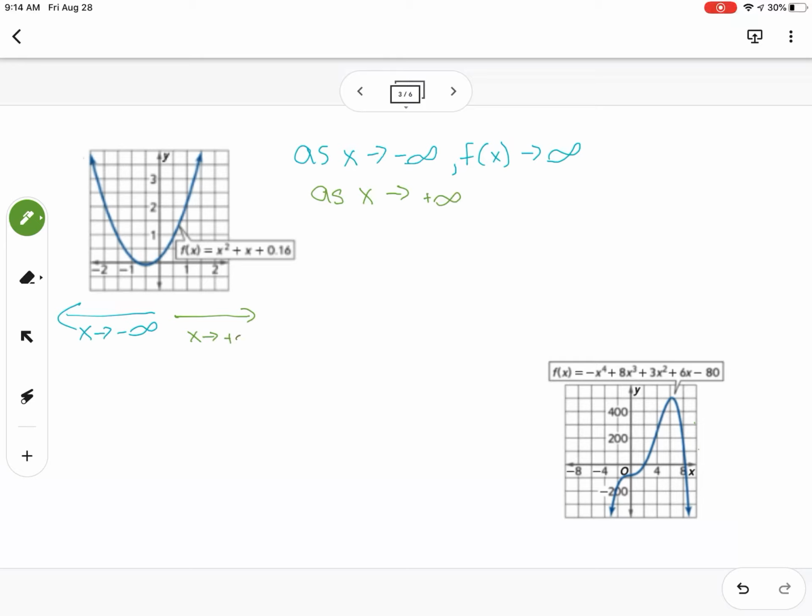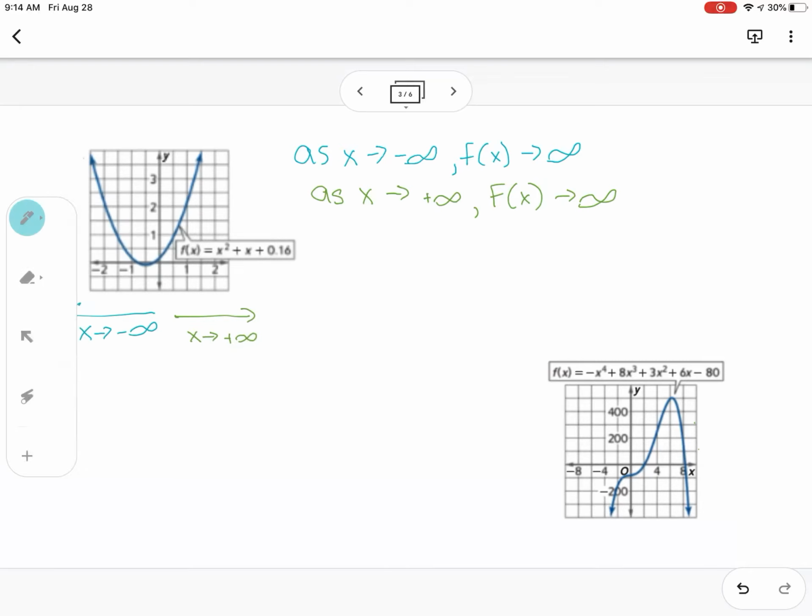As x is going this way, what's the graph doing? If we follow the graph this way, we see that it is going up to infinity as well. So the function approaches infinity. Your clue here is you've got two arrows pointing up, which means both of these are infinity. That's our first example.